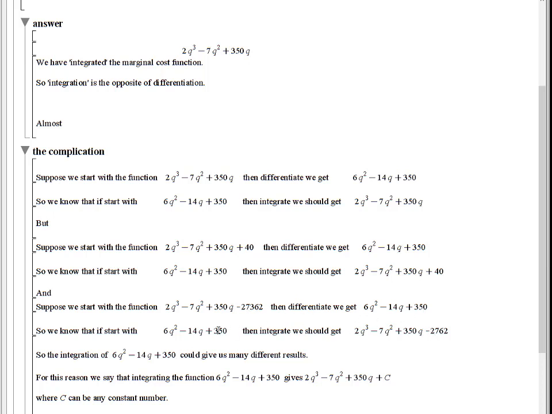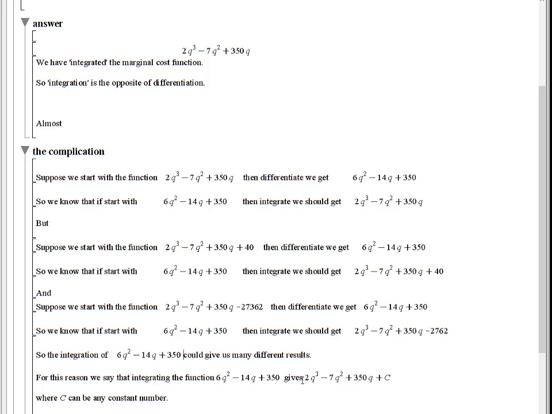So unfortunately, the integration of this could give us many, many different results, because there are many different things which can differentiate and give us the thing which I just deleted, this one here. So unfortunately, there's no unique answer. When we integrate this one thing, we have to allow for all these different possibilities.